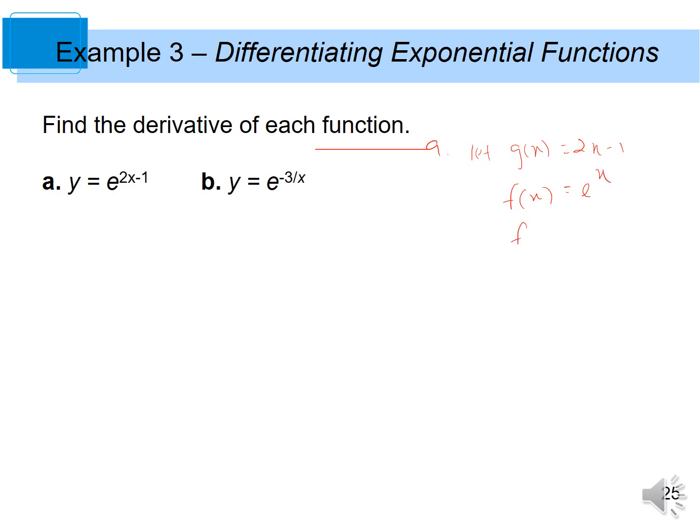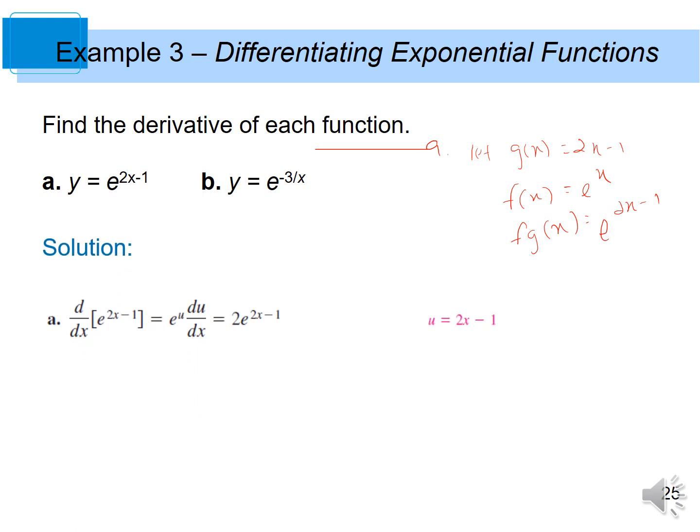So my composite function f of g of x is equal to e to the 2x minus 1. So since this is a composite function, we use the second formula.